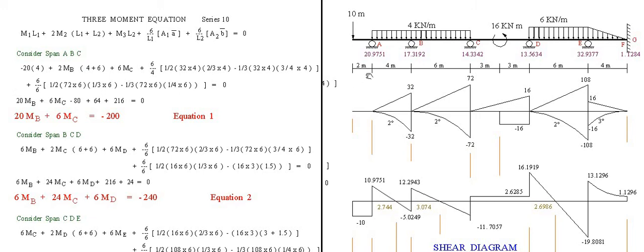Then L1 is the first span of ABC, 4. Then twice the moment at the center of ABC, or moment at B, times the distance of the first and second span, 4 plus 6. Then the moment on the right of ABC, or moment at C, times the span of 6. Then the constant of the moments by parts, this one.